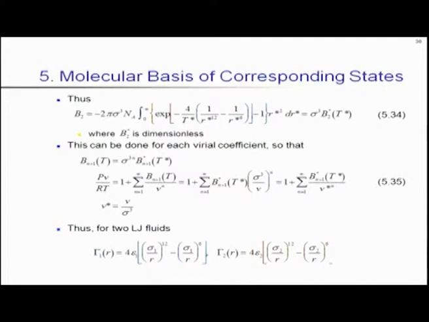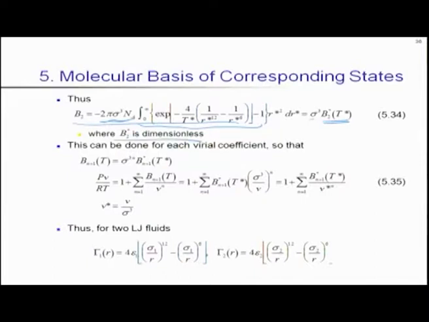You can write this expression B2 in this term, okay, which tells you that now B2, if you consider this part, then this is basically dimensionalized. So, B2 is in terms of the volume. So, B2 if you divide by sigma cube, you are going to get the B2 star, okay, because this part is going to be non-dimensional. So, whatever is there can be written in this form, where B2 star is non-dimensional.